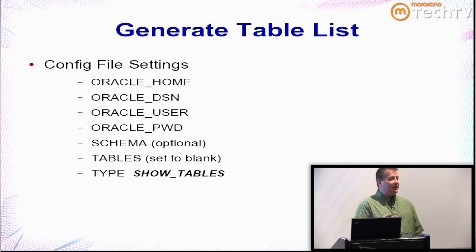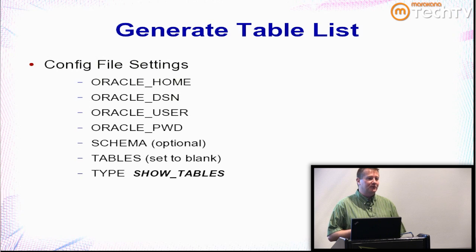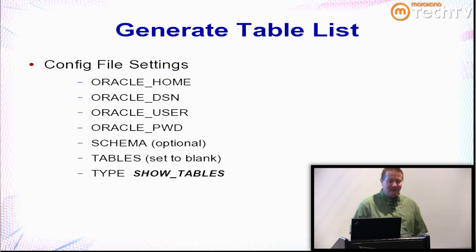Likewise, there's a SHOW_SCHEMA value that you can set, which will simply dump a list of all the schemas for the Oracle instance you're connecting to. That's a whole other topic, because a schema in Oracle isn't really a real schema as far as us Postgres guys think. However, it will give you a list of names that mean something to the Oracle DBAs.